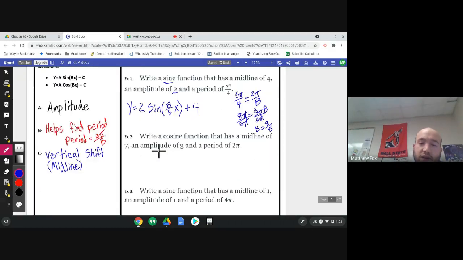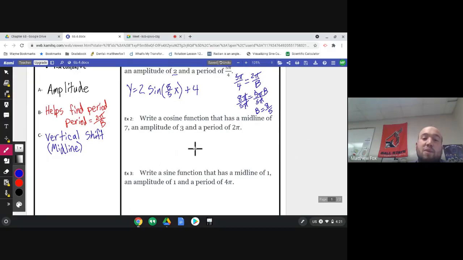All right, our next one. Once again, we need to find that b value first. Here it says our period is 2 pi, so we set 2 pi equal to 2 pi divided by b. The reason I have 2 pi divided by b is that's what the period is always equal to. On the left side, let's put it over 1 so we can cross multiply. We'll get 2 pi equals 2 pi b.